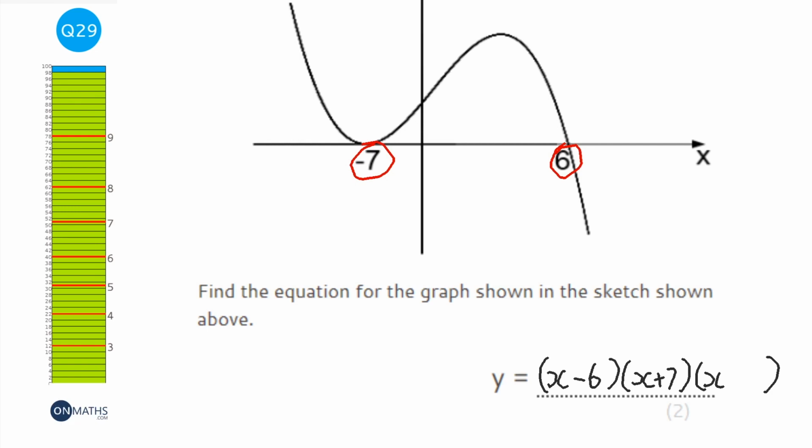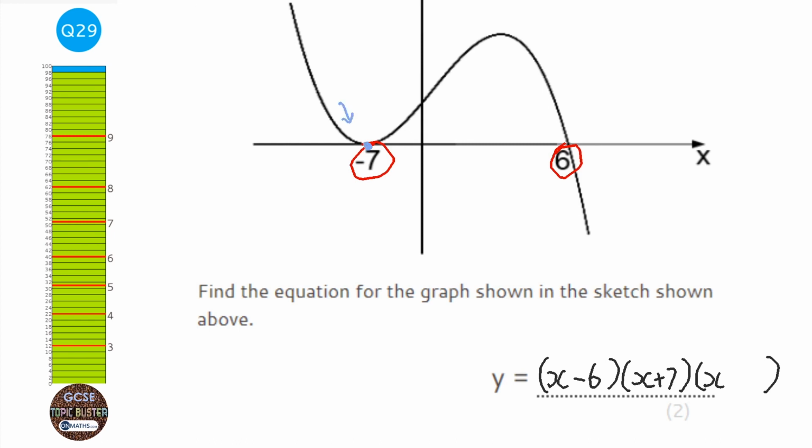But the problem we have here is we've kind of run out of solutions. And therefore, the natural thing is to think, well, maybe it's a quadratic. But we can see it's not a quadratic, it is a cubic, so it needs to have 3 brackets. And not all cubics make 3 brackets, but this question will. So we've got to think, well, hang on, we actually have 2 solutions here.